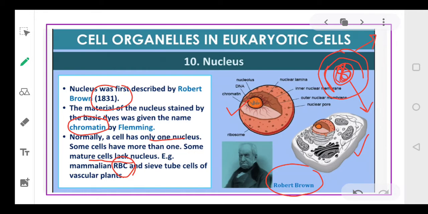In the same manner, in plants the sieve tube cells also do not contain the nucleus. So we observe variation in the presence of a nucleus. Some contain one nucleus, some contain more than one, and in some examples the nucleus is completely absent, like in red blood cells and sieve tube cells.